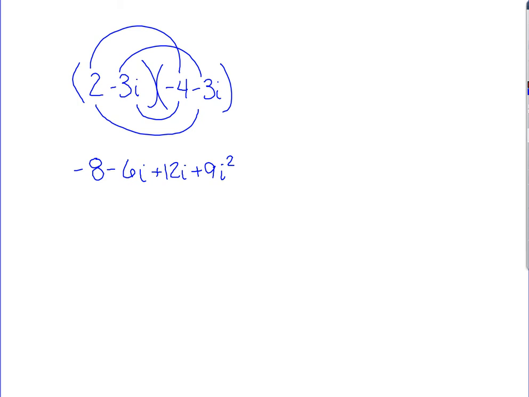But remember, i squared is equal to negative 1. So we combine like terms. I have negative 8. 9 times negative 1 is negative 9. So this gives me negative 17 plus 6i after we combine like terms.